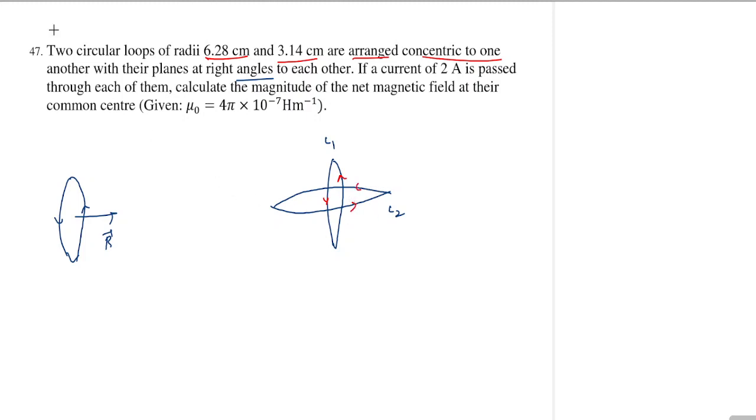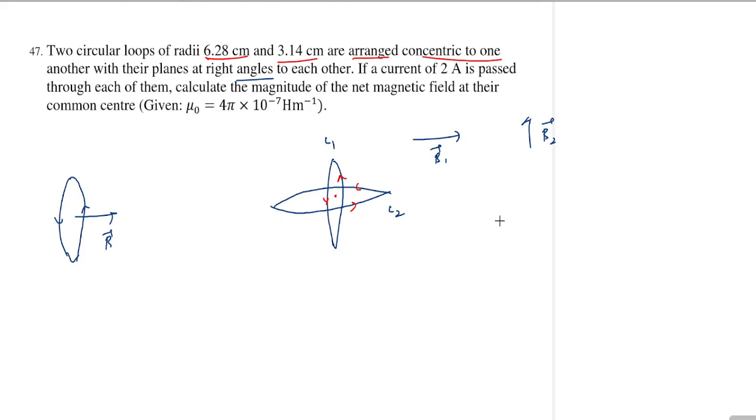So for the first case, the magnetic field will go out like this. We call it B1 because it is normal to the plane. For the second loop, the field goes like this, which is upward. We call it B2. We have two fields. Now we need to find the magnetic field at the common center. So there is one field which goes out like this, which is called B1, and one is B2.